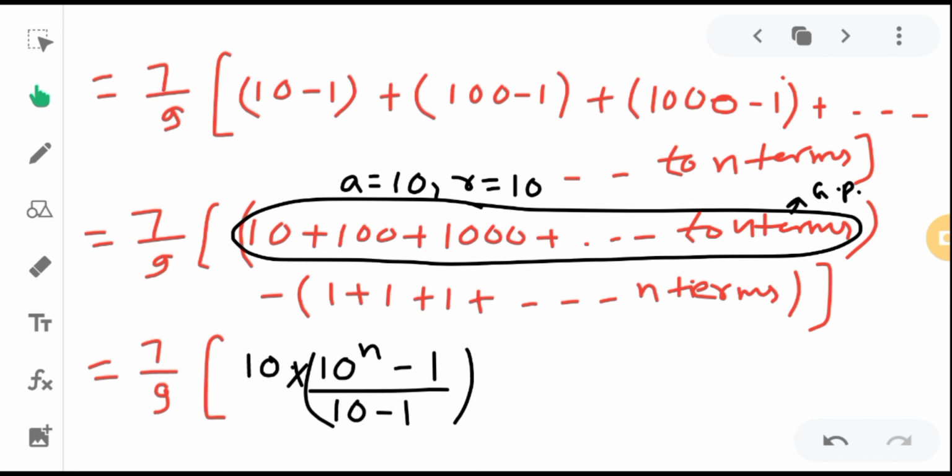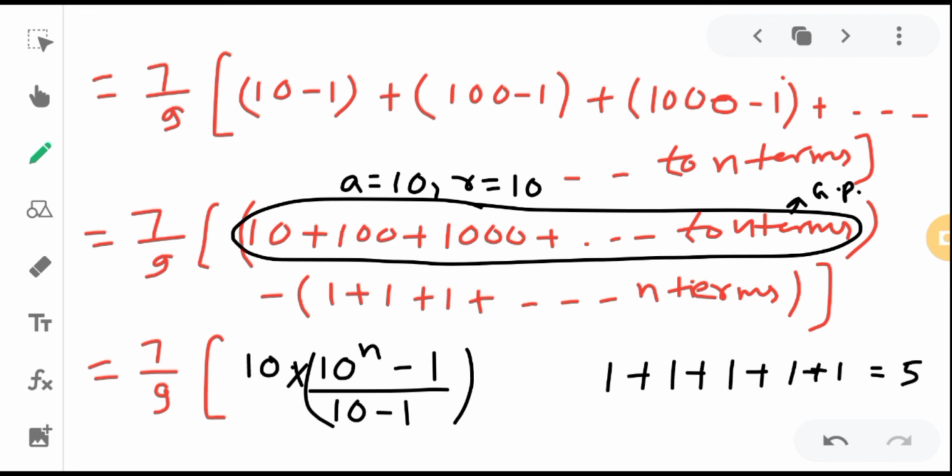Correct? Here minus 1 plus 1 plus 1 to n terms. So if you add 1 n times, then you will get n. Like add 1 five times: 1 plus 1 plus 1 plus 1 plus 1, 1 2 3 4 5.